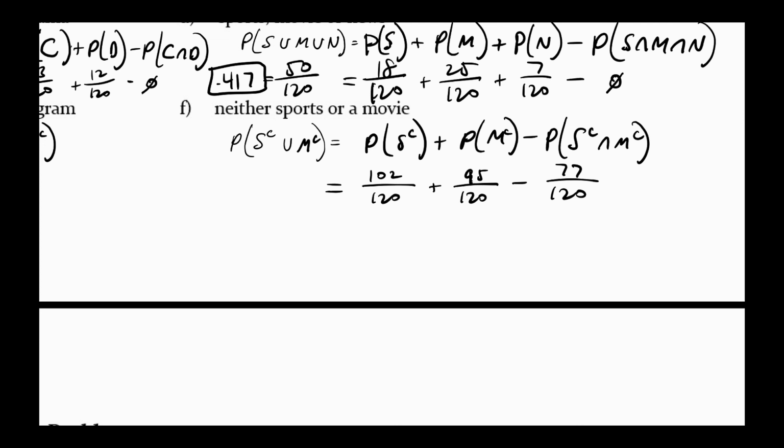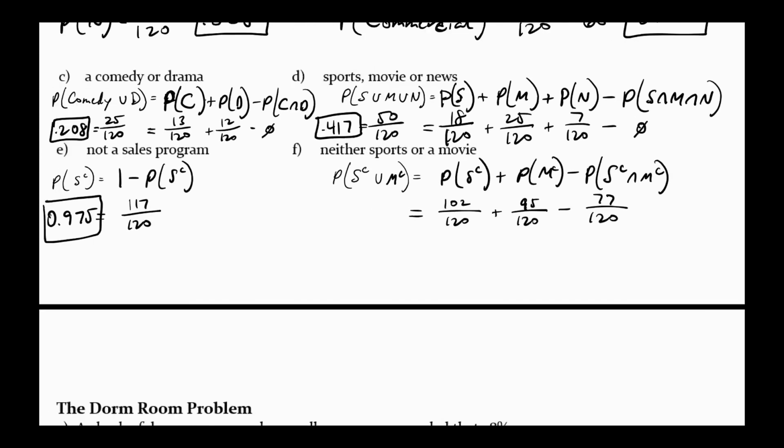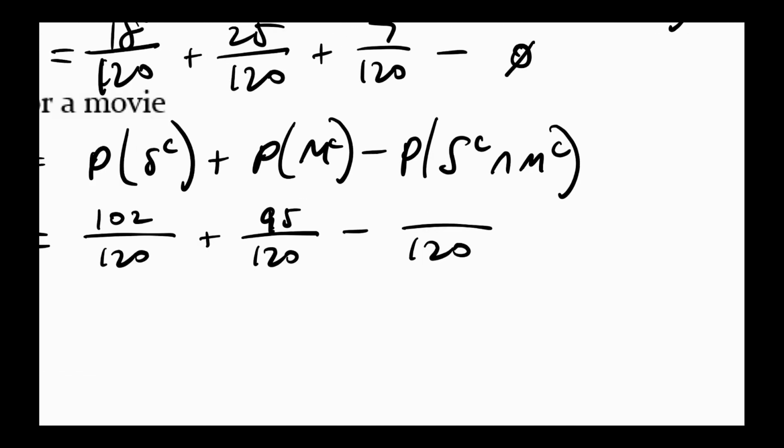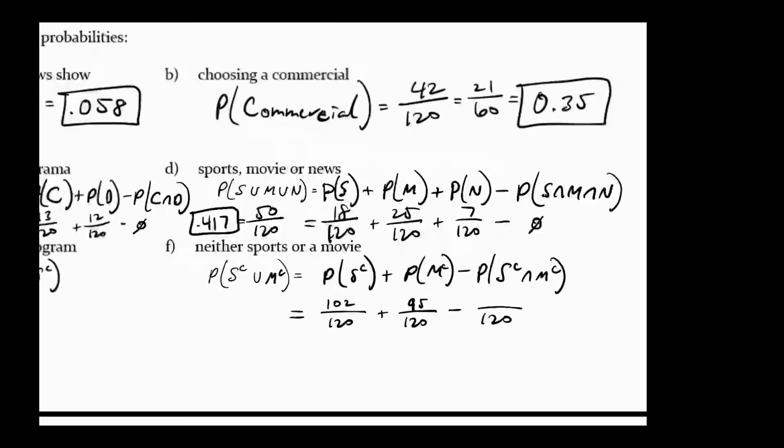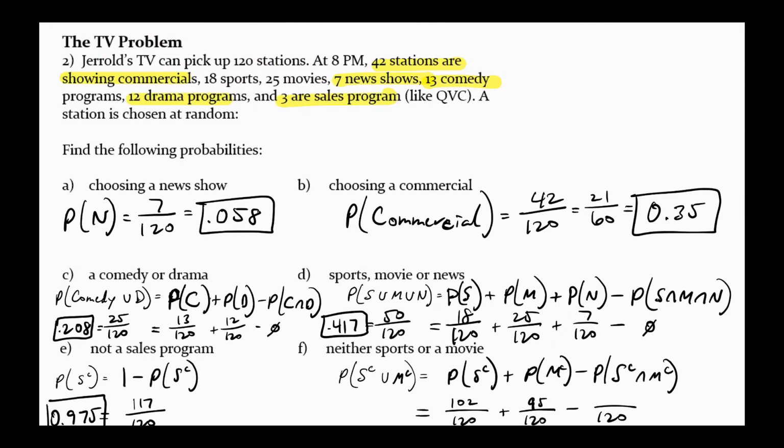So 102 plus 95. Those are the overlap. Oh, wait, no, sorry, I did the wrong one. So this one right here, not sports and not movies. That's 42 plus 7 plus 13 plus 12 plus 3, right?